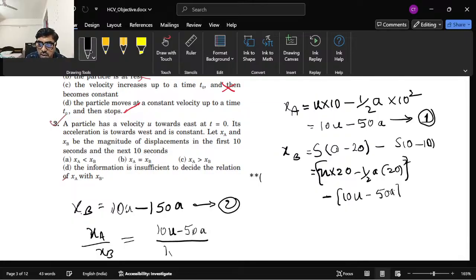divided by 10u minus 150a. This can be written as 10u minus 150a plus 100a.